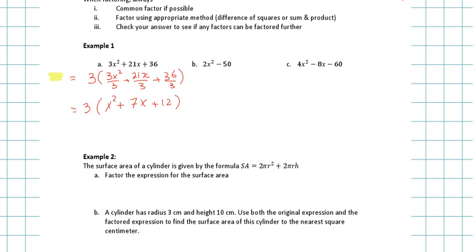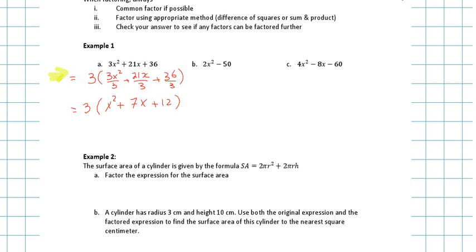If you want to skip this step, you're okay to skip it as long as you know what you're doing. You know that I'm dividing 3x squared by 3 so that it becomes x squared, I'm dividing 21x by 3 and that becomes 7x, and I'm dividing 36 by 3, it becomes 12. Now, so far, all I've done is the greatest common factor. It's common factoring out the 3.